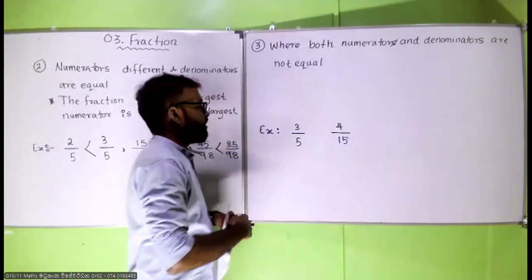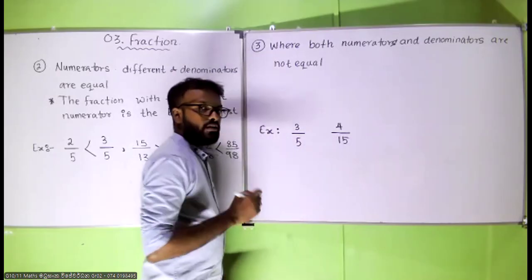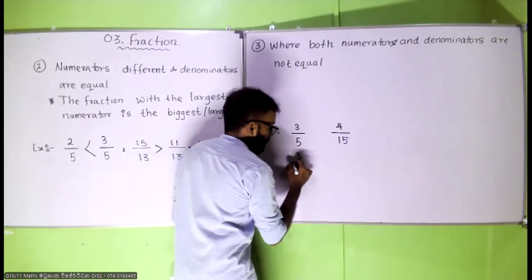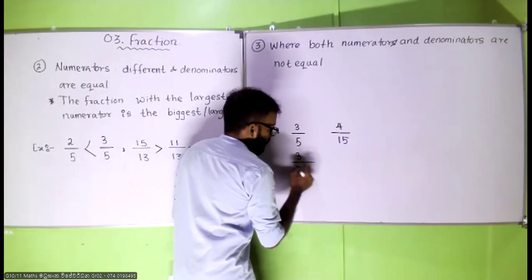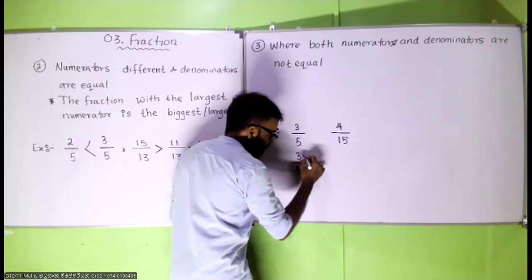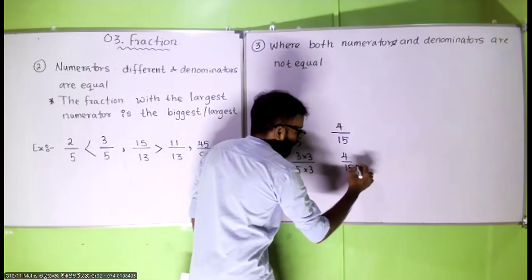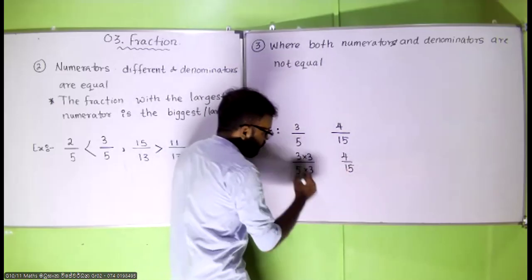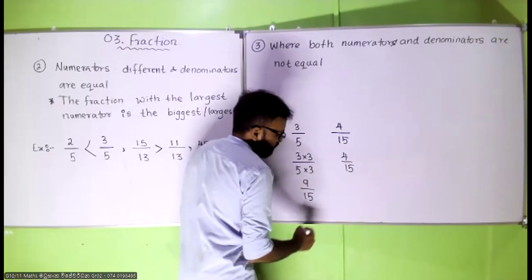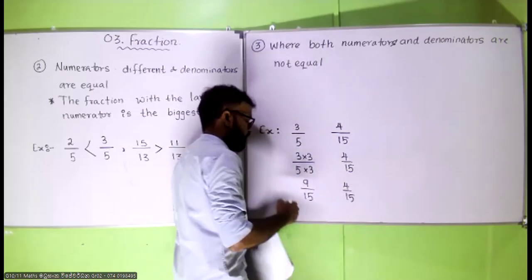So you can convert this 5 into 15 very easily. You just have to multiply both the numerator and the denominator by 3 before comparing them. 3 into 3 is 9, 5 into 3 is 15. So here also 4 upon 15. Now what happened?